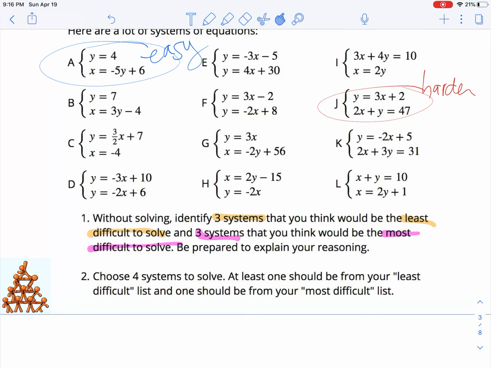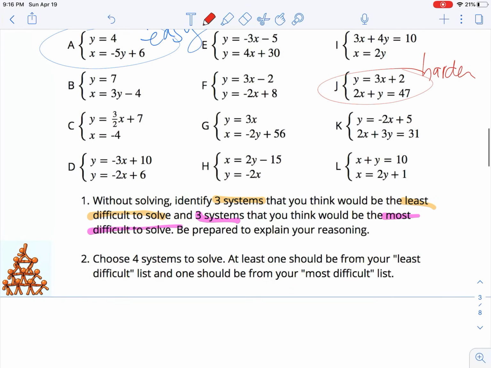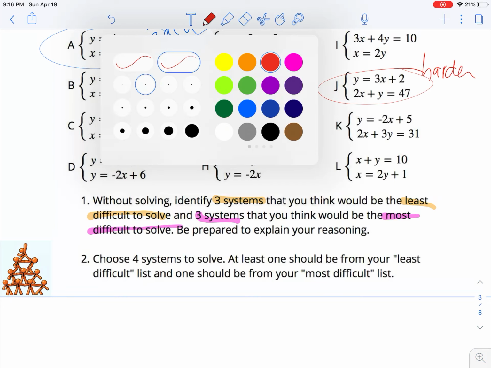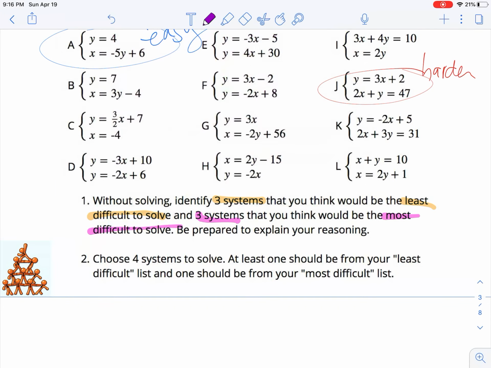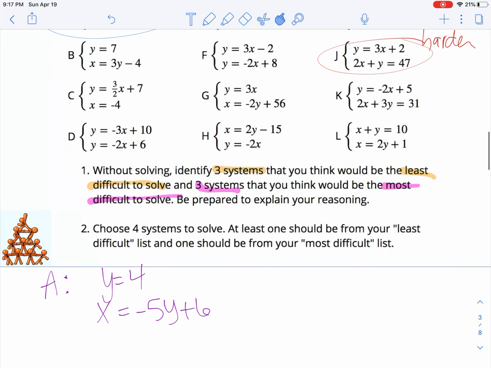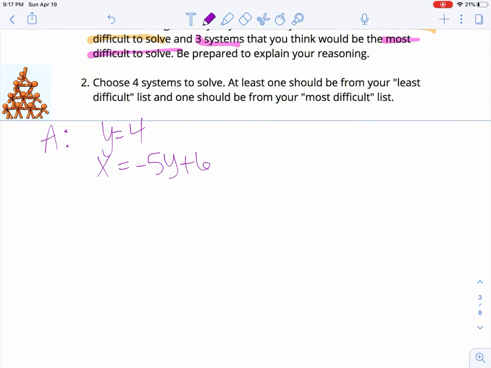Okay, so I'll write A here, but not in red because that's obnoxious. A is y equals 4 and x equals negative 5y plus 6. Okay, here we go. So I know already when I write my answer, we'll just keep it in the xy format. So if y is 4, I can plug it in.